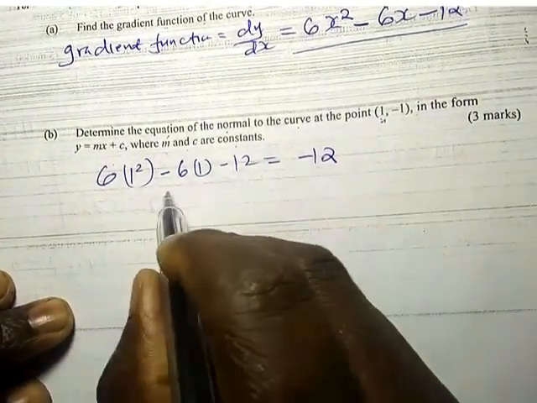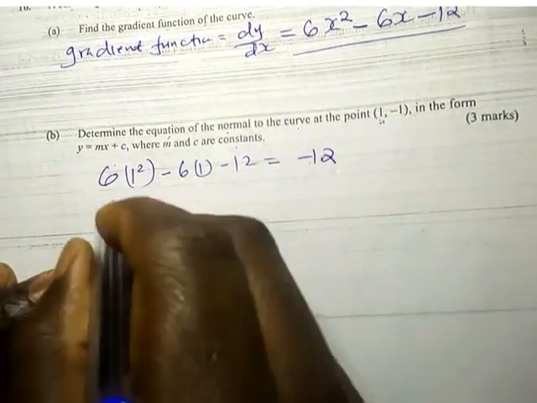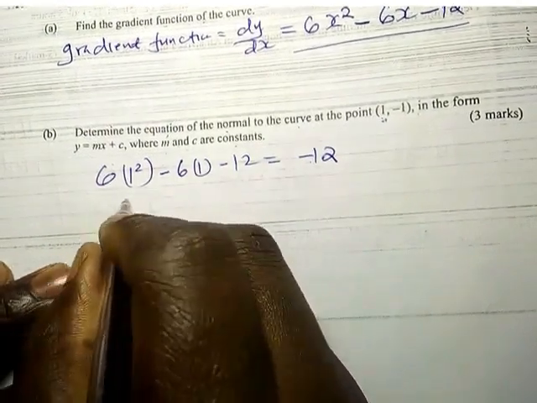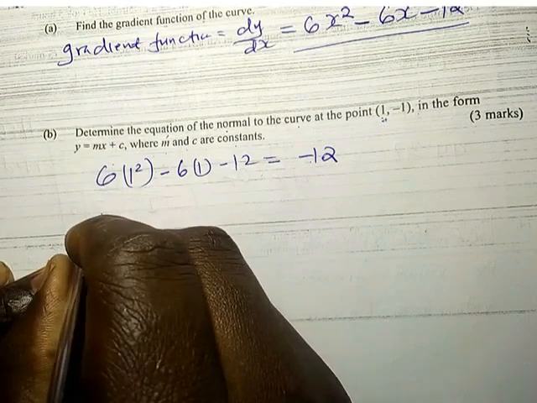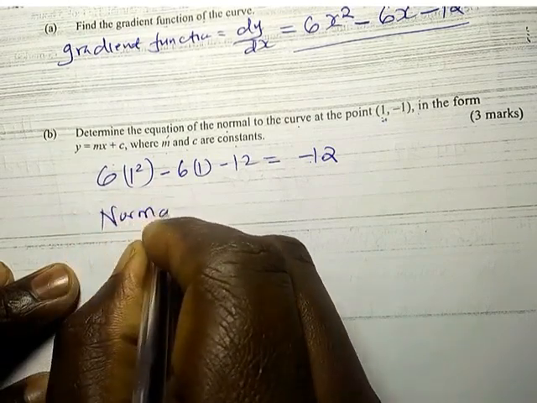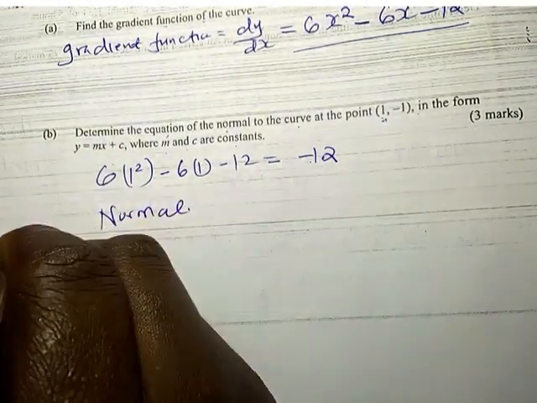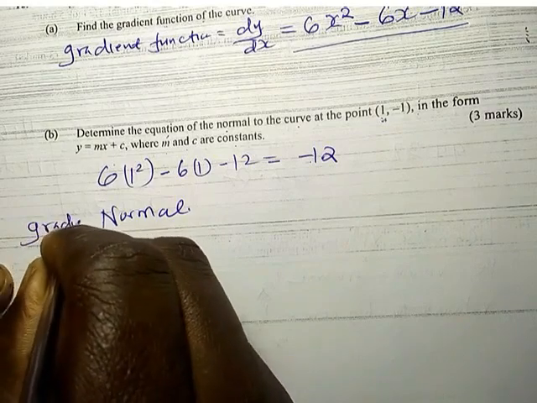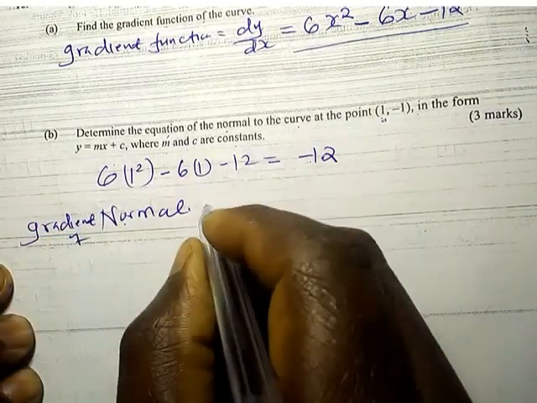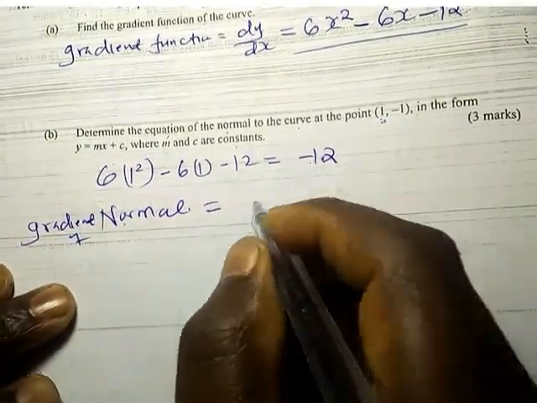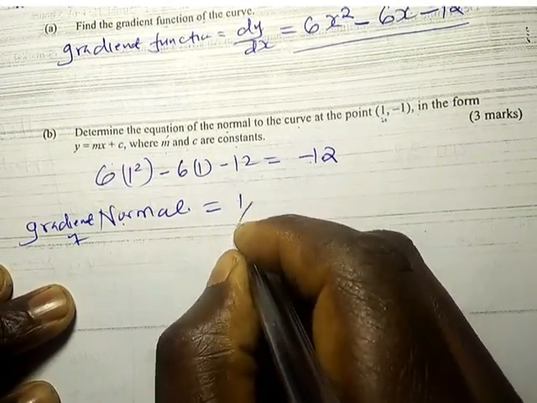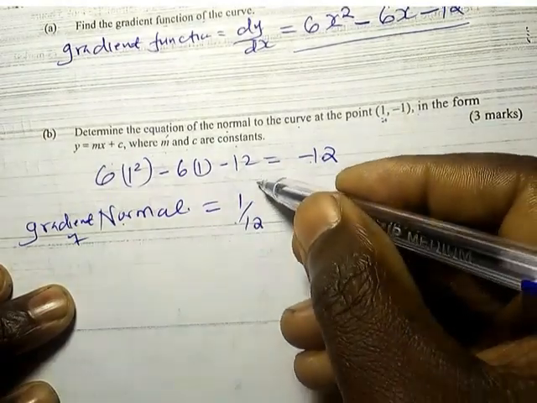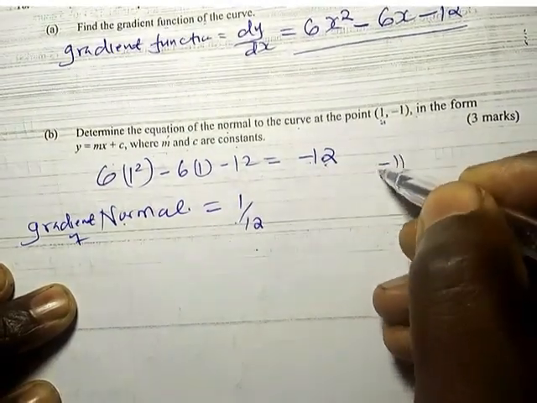So if the gradient is negative 12 for the curve, then the gradient of the normal, because they are perpendicular, will be the reciprocal of this, which is 1 over 12 positive, so that when we multiply this and this, the answer is negative 1.